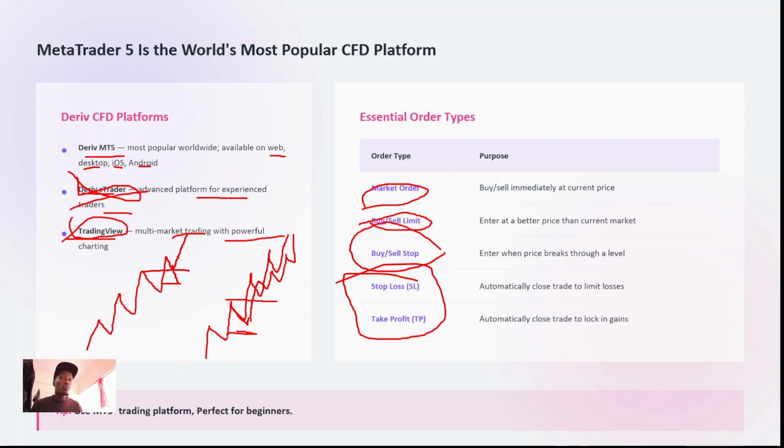And those people who don't know how to use the lot sizes, they are not good with risk management, mind you. Because you get someone having like a $1,000 account, and he's risking like $500, and he doesn't even know he's risking that $500.